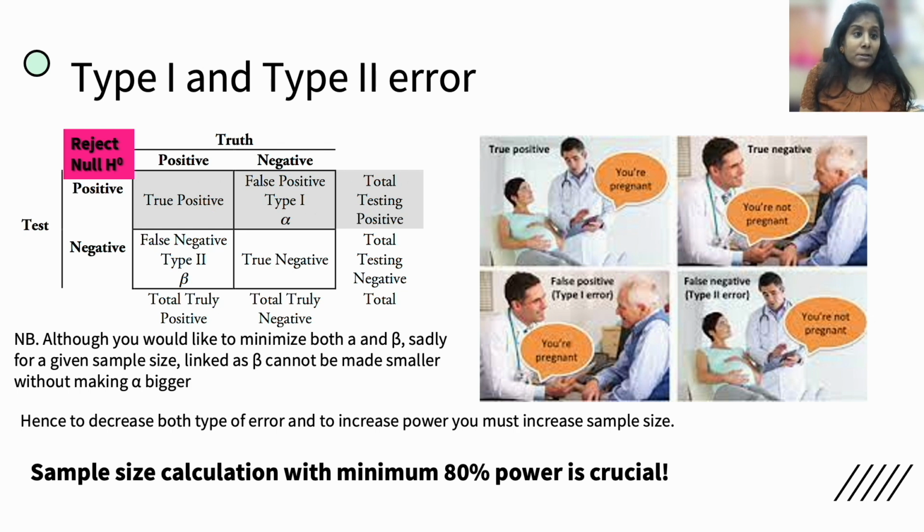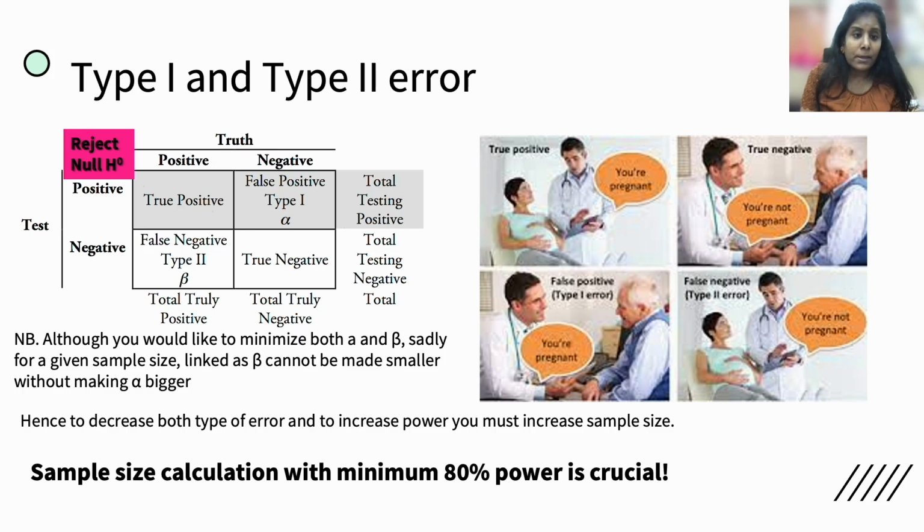A type 1 error is a false positive: the truth is actually a negative result, but you're saying it's positive. A type 2 error is when the result is actually positive, but you end up saying it is negative. So you are not predicting what you're supposed to predict.